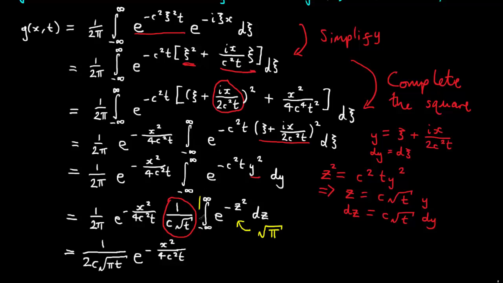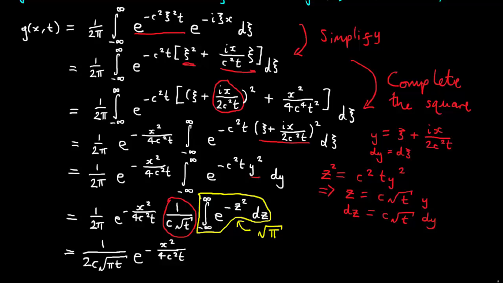And so this whole integral simplifies really nicely just to the square root of pi. Therefore, putting that into here and simplifying, we get that g of x and t, after all of those steps, is equal to 1 over 2c root pi t e to the minus x squared over 4c squared t.